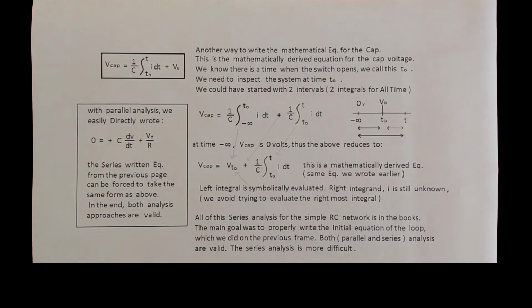I'll back up for a moment and look at another way to write the cap voltage mathematically. Look at the entire interval from t to negative infinity, and we have two intervals, from t0 to negative infinity and t0 to t. So we have two limits of integration.